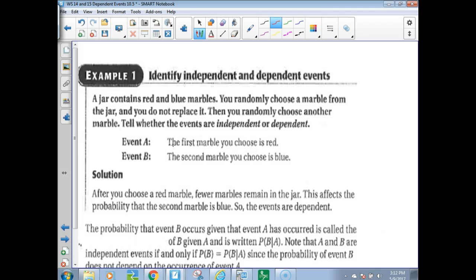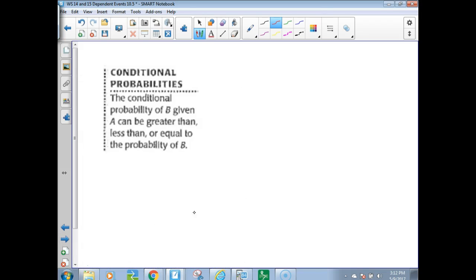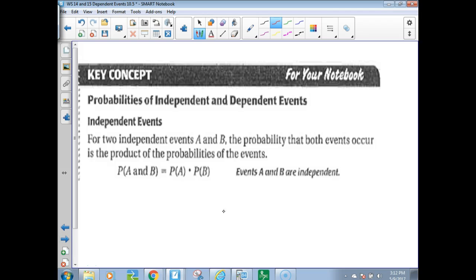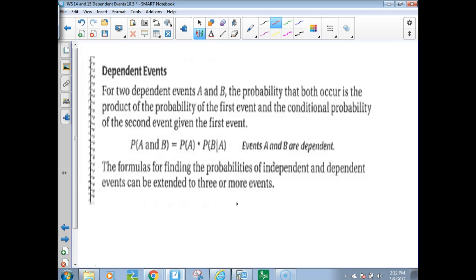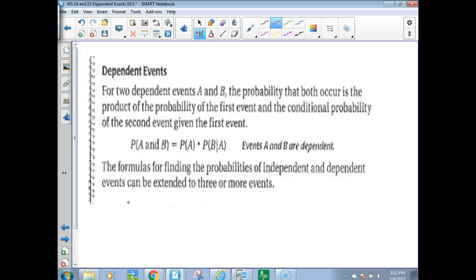I don't want to read all of these to you, but I want to discuss just a few of the examples in here, and we are going to do a couple together that the answers aren't there for. This is 14A. The only thing I need to remind you of on this page is what this notation means.